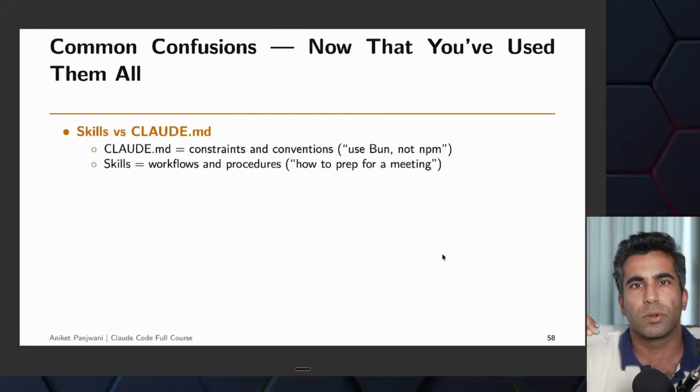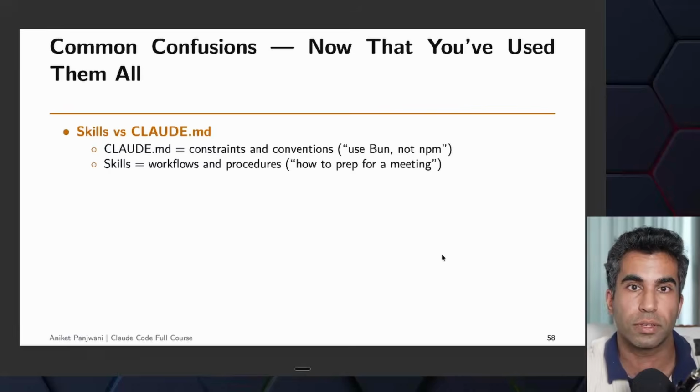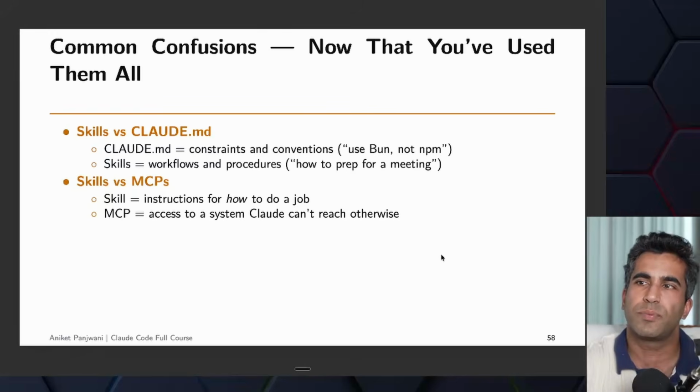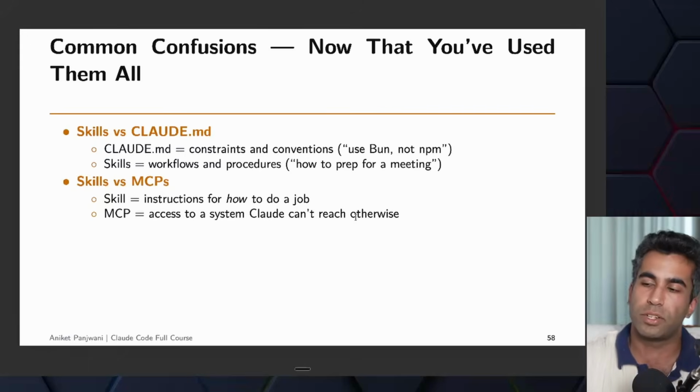Or if there's a particular way in which you like to have your research notes structured and organized, you should make a research notes skill. The next distinction here is between skills and MCPs. Now, yes, MCPs can sometimes give you access to a system Claude can't reach otherwise.